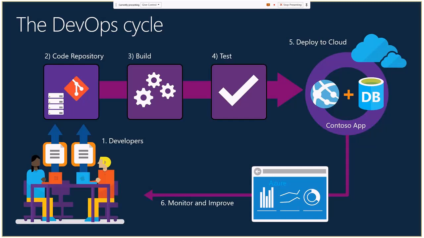It gets monitored using tools like Application Insights and Power BI, and any feedback is given directly back to the development team to monitor and improve the application. Then that cycle repeats itself, allowing you to have that iterative design and development process.